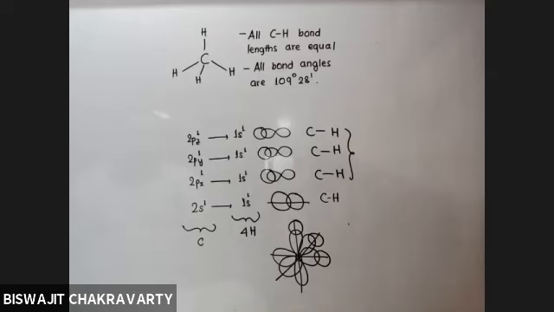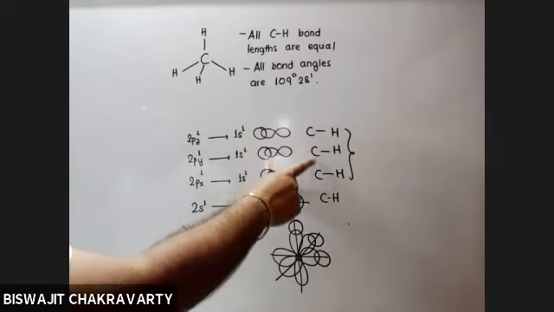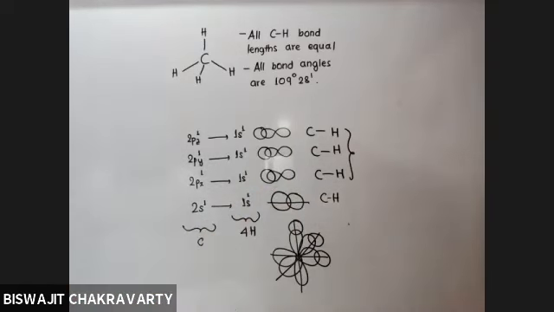Yes, sir. But what is the actual bond angle found to be? 109 degree 28 minutes. Apart from that, all the carbon hydrogen bond lengths are exactly found to be equal. Are they supposed to be equal? Theoretically not. Theoretically, three of them should be equal, fourth one should be different, isn't it? Yes, sir. Why should the fourth one be different?